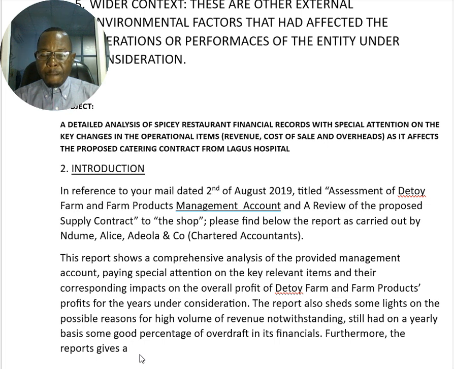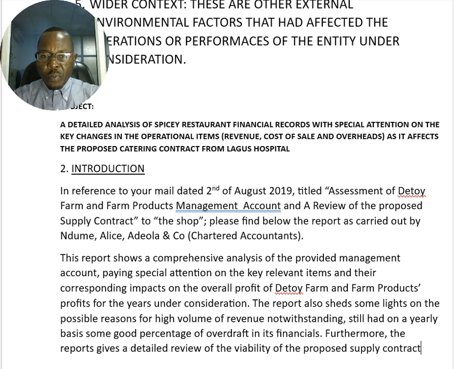Can say gives, say something like detailed review of the viability of the proposed supply contract from the shop.